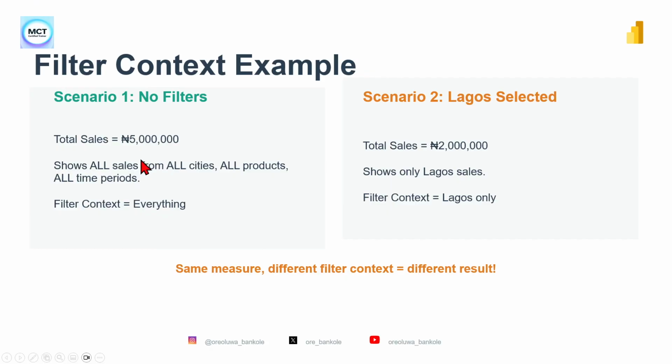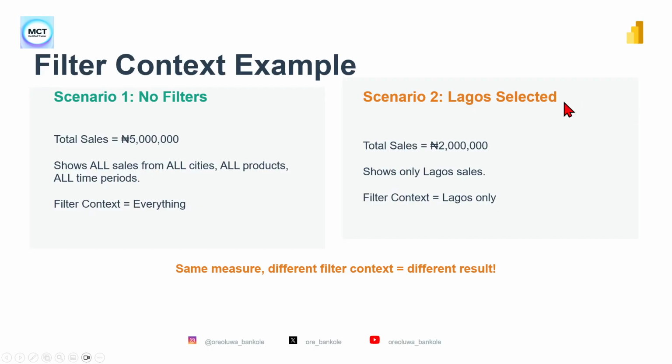So these are just different scenarios of what I was saying earlier. In the case where no filter was given, your total sales would have shown 5 million, which is all the sales from all the cities, all the products, at all time periods. The filter context at that stage is everything.